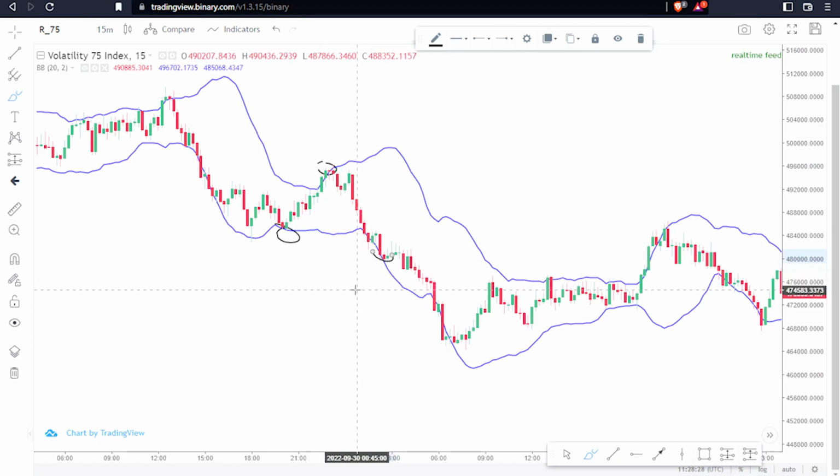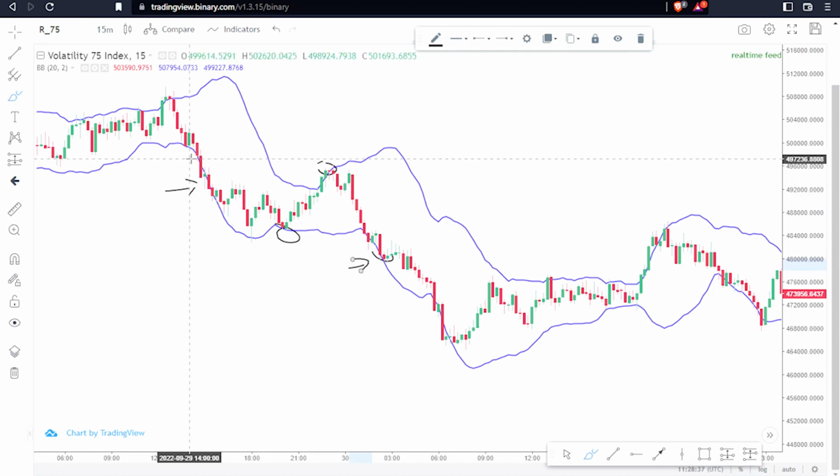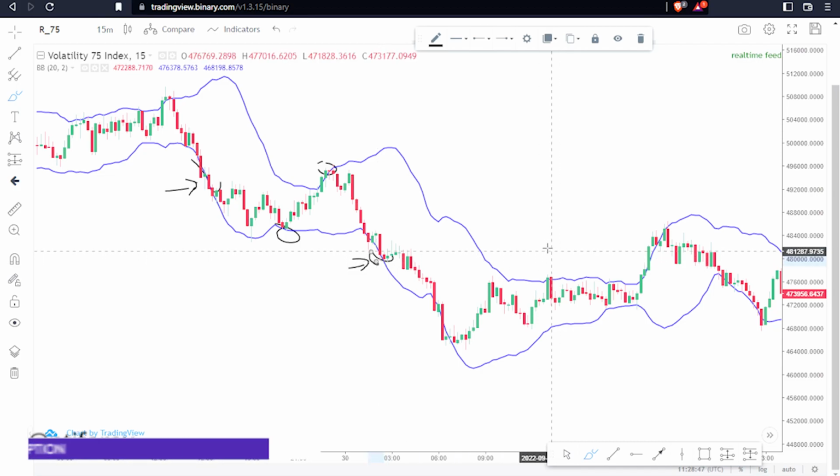But we have some few problems here. There are some areas where the price touches the Bollinger Band and nothing happens, because here you see price bridging the Bollinger Band, and then you look for a buying opportunity, but it doesn't come. Same thing applies here. It touches the band and the opportunity doesn't arrive. Same thing here.